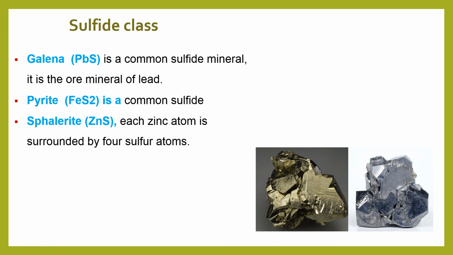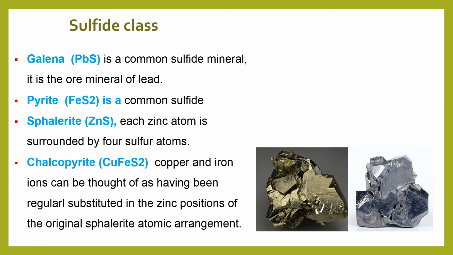Then you will have sphalerite, which is zinc sulfide, where we can find the zinc atom surrounded by 4 sulfur atoms. And also in chalcopyrite you will see copper iron sulfide, where the copper and iron ions can regularly substitute in the zinc position of the original sphalerite atomic arrangement in the previous one.